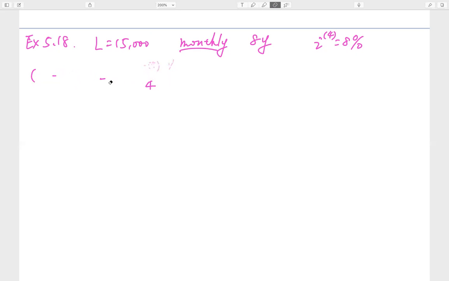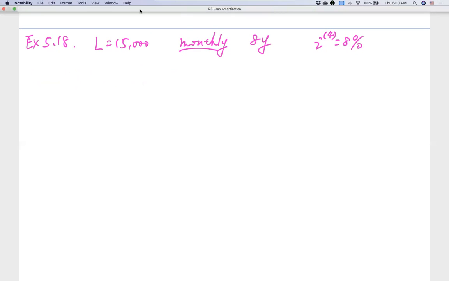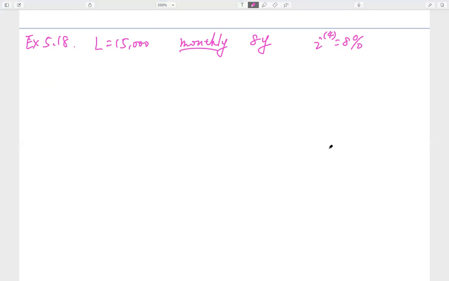Okay, let's not jump. Let's do it in the standard way. So 1 plus i4 divided by 4, raised to the power of 4, would be 1 plus i. This is the annual interest rate.